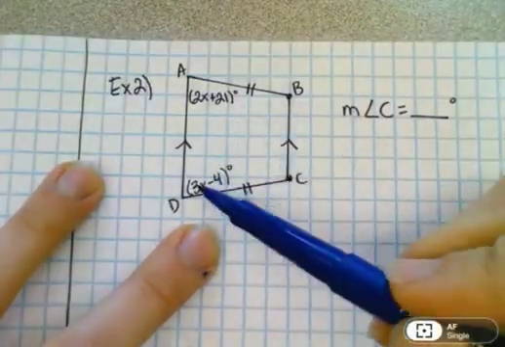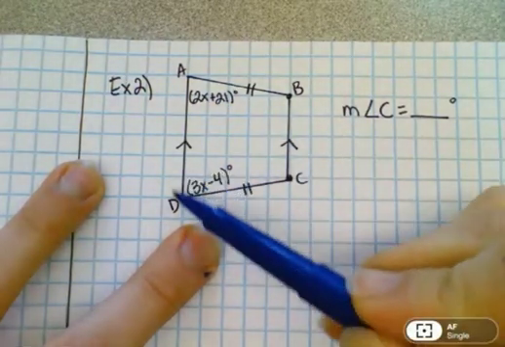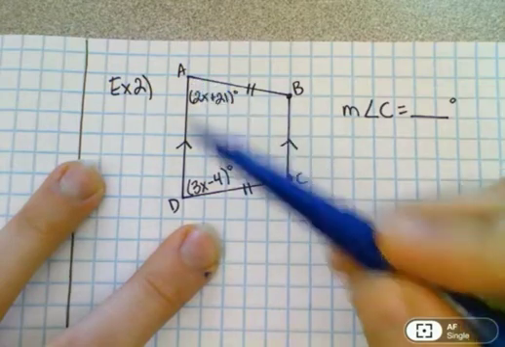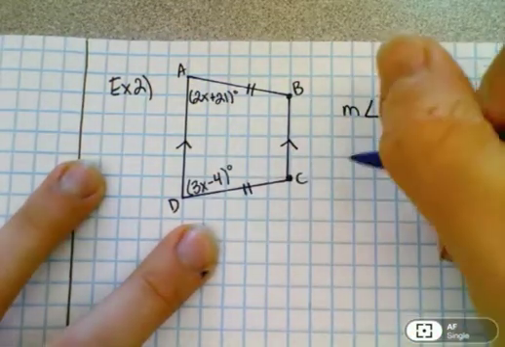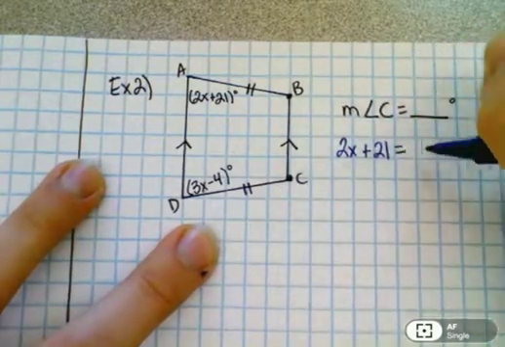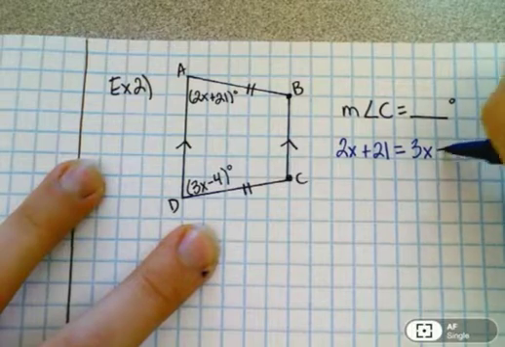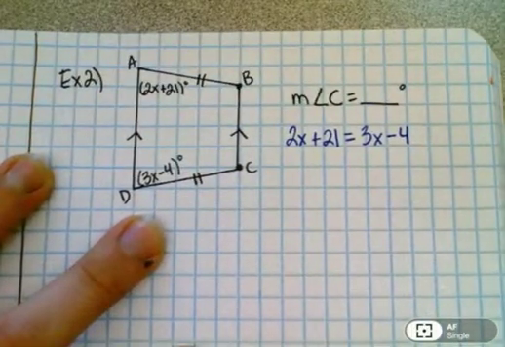And so the way to begin this problem is to solve for x. Once we solve for x, we can find the measure of these angles. Once we know those, we can find the measure of angle C. So we're going to begin by saying 2x plus 21 has to equal 3x minus 4. Go ahead and solve it on your own paper while I do it up here.